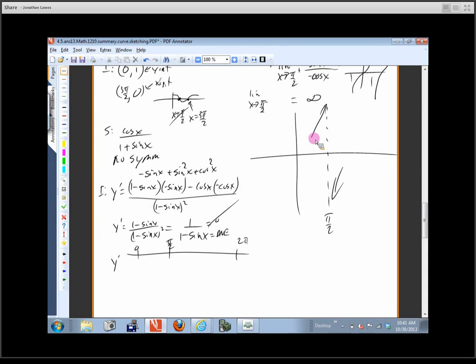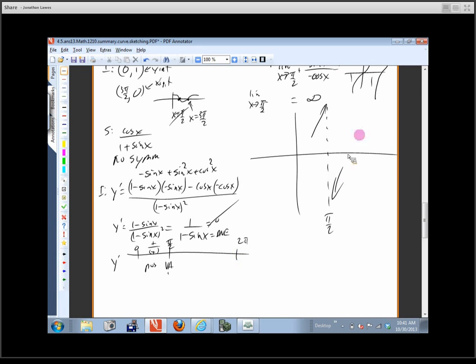You'd have a positive on the top, and on the bottom we'd have 1 minus something that's got to be less than 1. So we end up with a positive down here, so we end up with a positive first derivative. We know we've got a vertical asymptote there, and everywhere on this interval right here, it's got to be either increasing or decreasing.